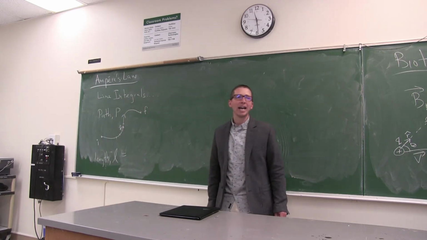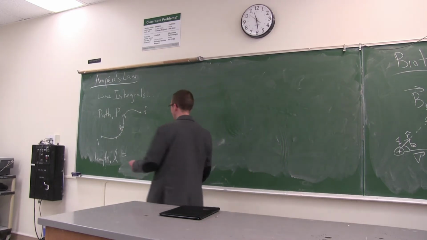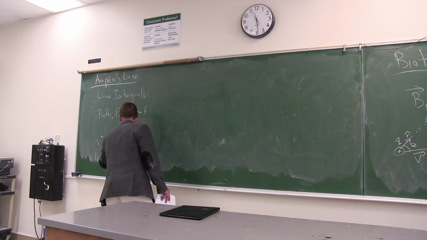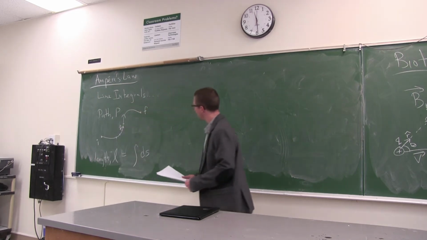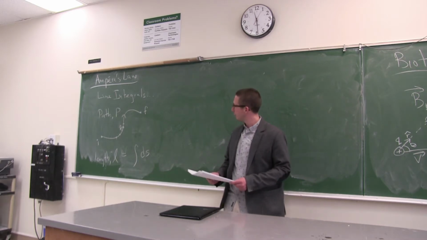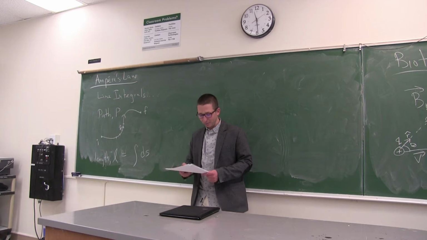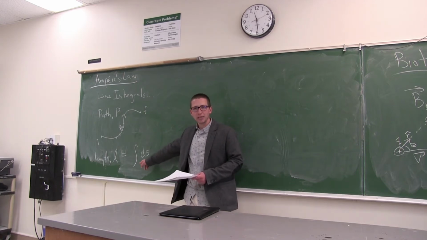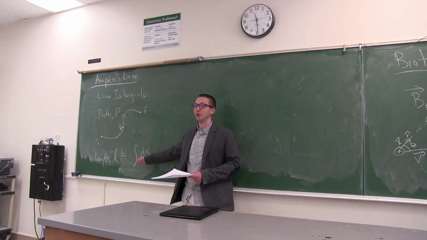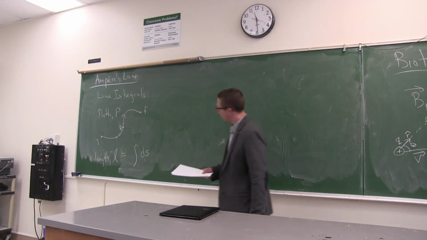So if I add up a bunch of little ds vectors, I get the total length. So the total length is going to be the integral of ds. I just add up all of these little pieces. This is how we find the length of that line. Now you'd have to parameterize ds in terms of your coordinate system in order to actually do this integral, but that's something you'll do in calculus, or you've already done in calculus.